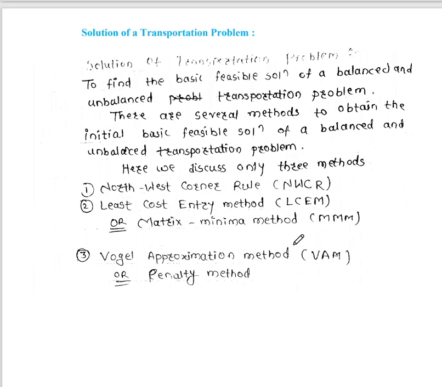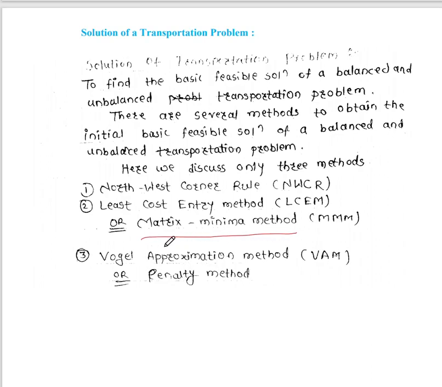And third method is Vogel's approximation method, VAM, which is also called the penalty method. Sometimes in examinations the question will be, solve the given transportation problem by the penalty method, or solve the following problem by the matrix minima method. In this way the question will be asked in the examination.